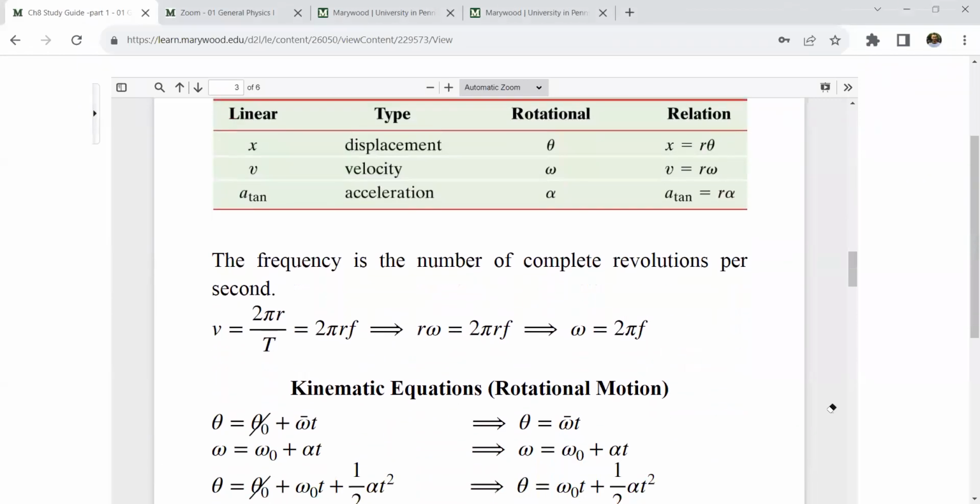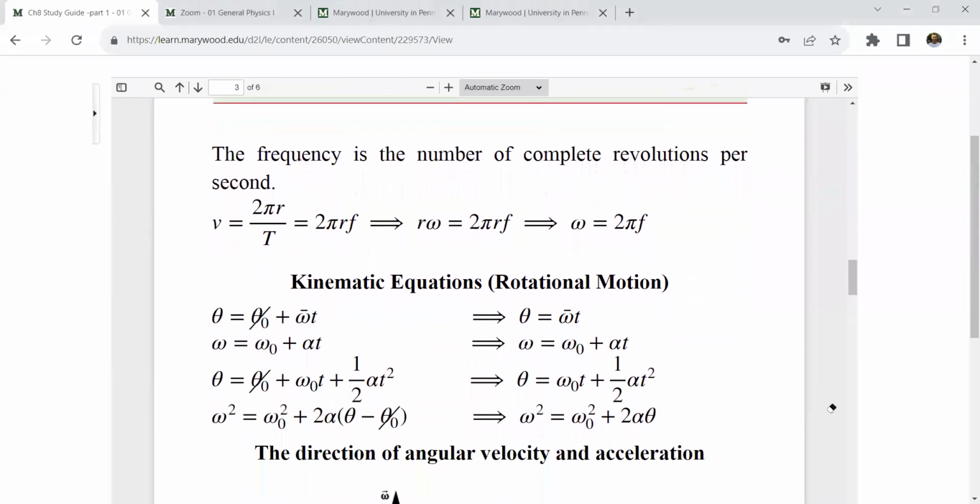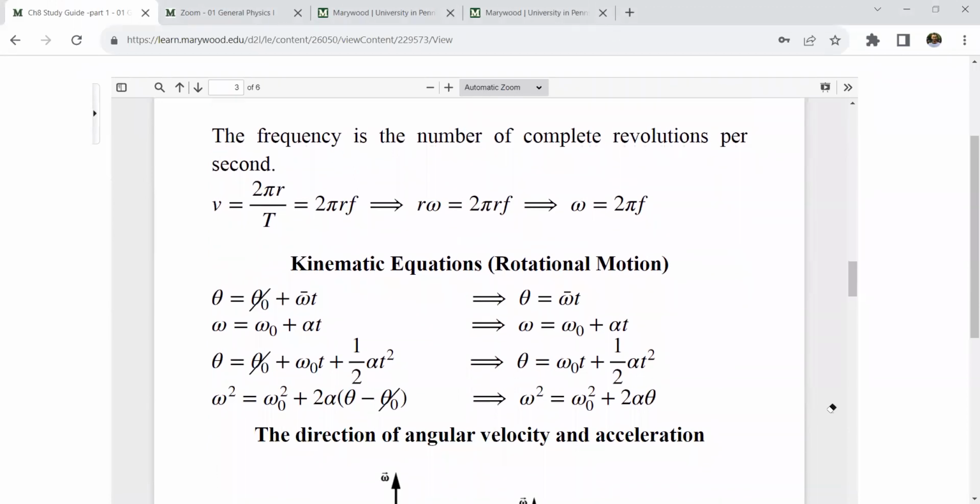Now the next thing I'm going to show you is the relationship between angular quantities and the frequency we learned in chapter 5. In chapter 5 we derived two equations for velocity: v equal to 2 pi R over T, and from that, v equal to 2 pi R f.